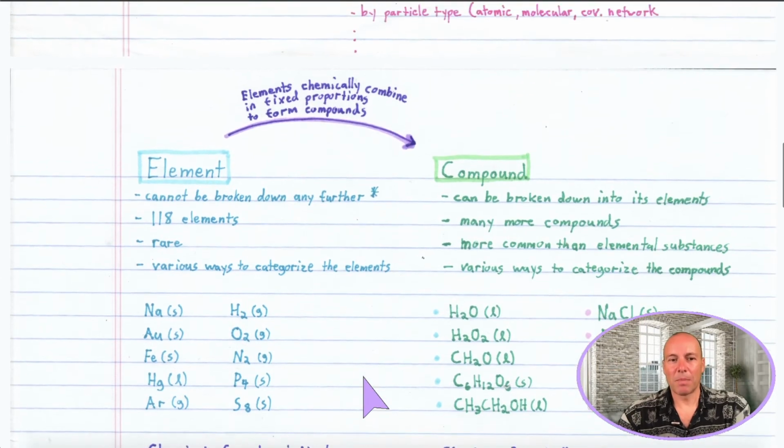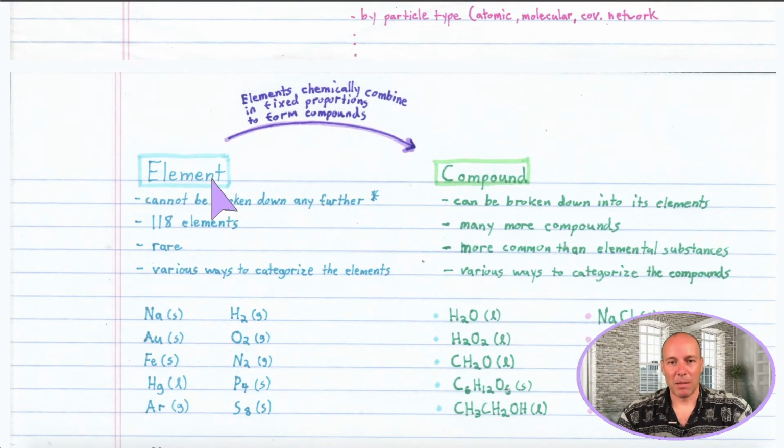Now, in the previous chapter, we did discuss elements and compounds. An element is a substance that cannot be broken down any further. It's a simple substance, but compounds can be broken down further into their elements. So a substance is either elemental or it's a compound.